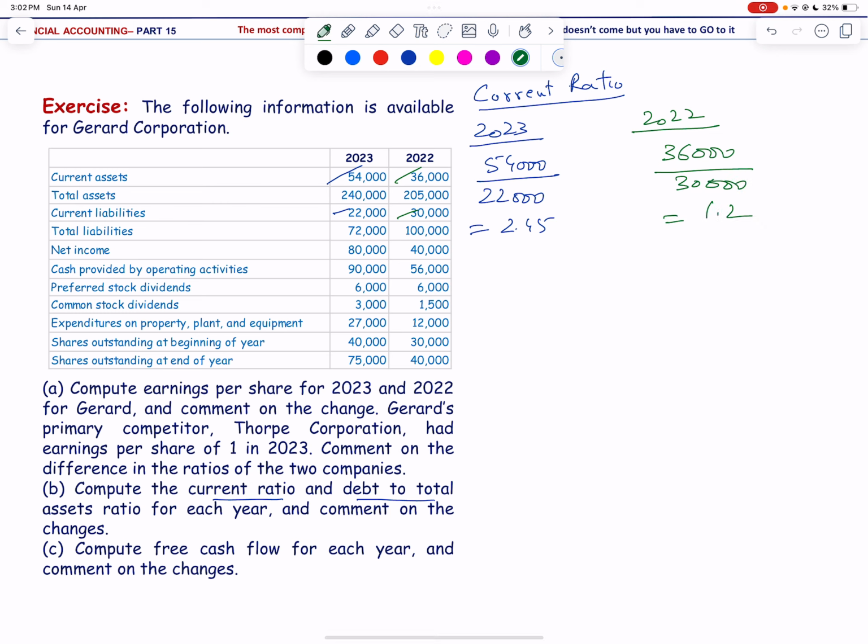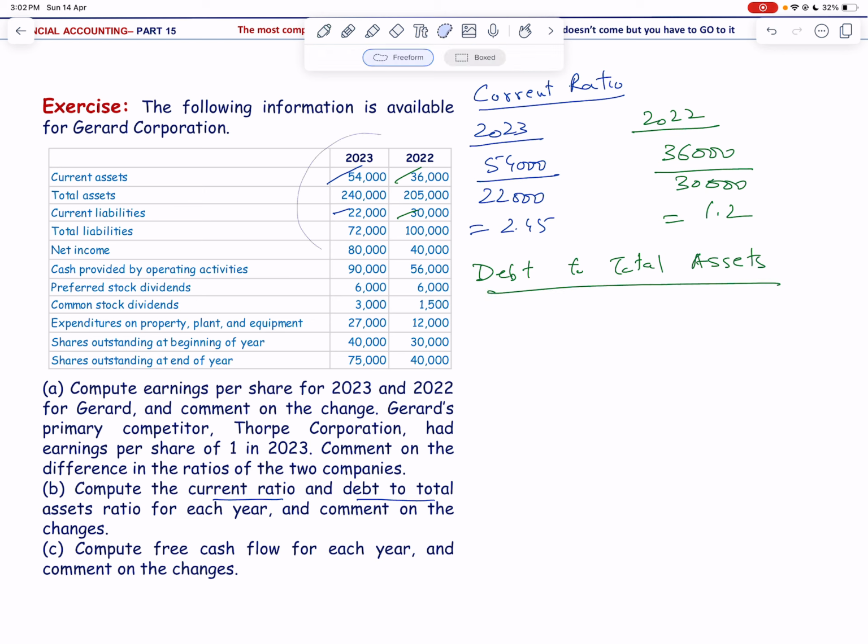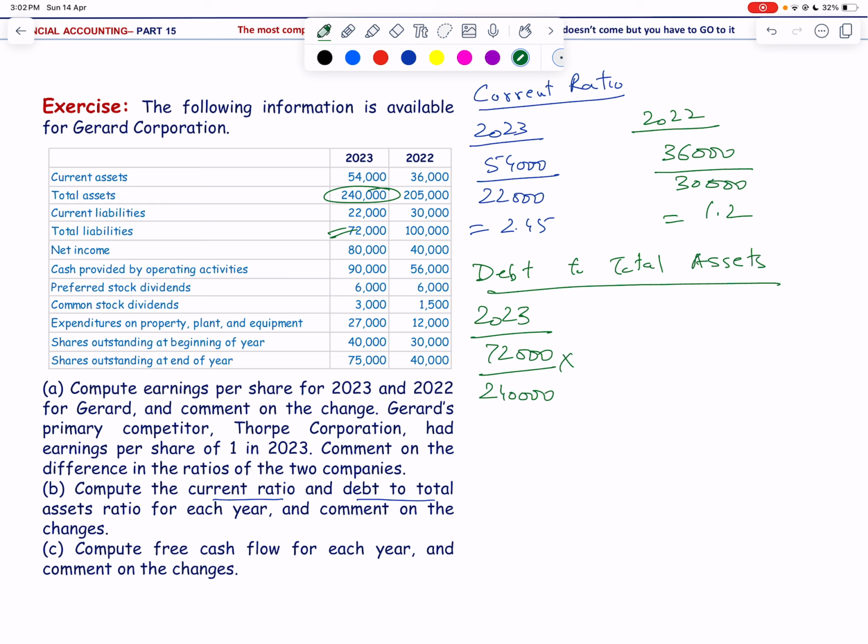And then we look into the debt to total assets. So the total liabilities, if we start with 2023, total liabilities are 72,000 divided by the total assets, that is 240,000. So this is equal to, times 100, because this is in percentage, 30%.